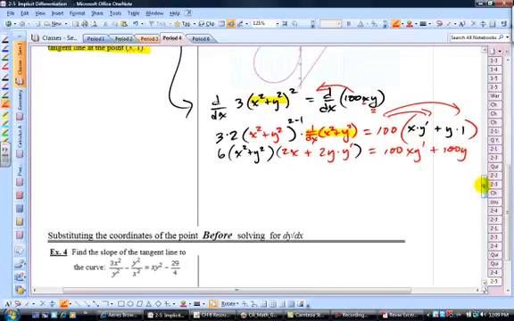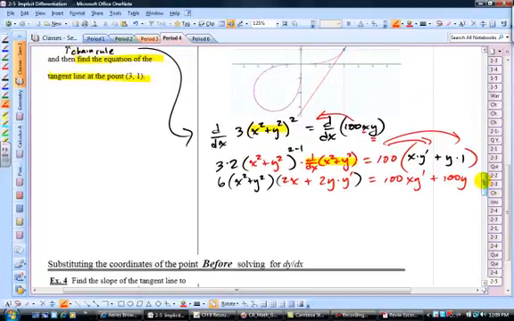Okay, now let's pause here for a second and remember what we're doing. We're trying to find the equation of the tangent line, which requires us to find the slope. So you have two choices. Bring your eyes up here so I can talk about it, because one's easier than the other. We have a choice of isolating y prime like we did on the previous example, and evaluating, having y prime equal something, and then evaluate the derivative at (3, 1), which means x is 3 and y is 1.